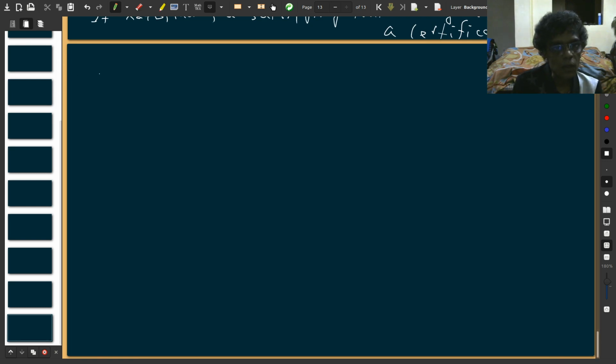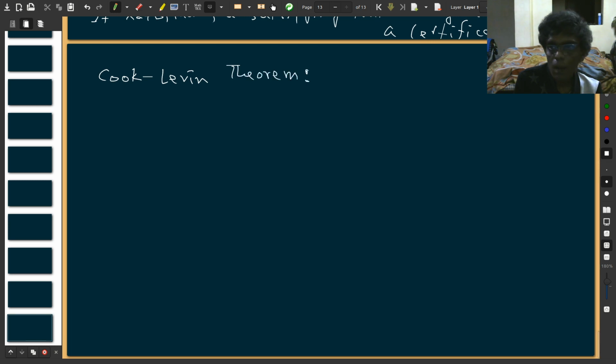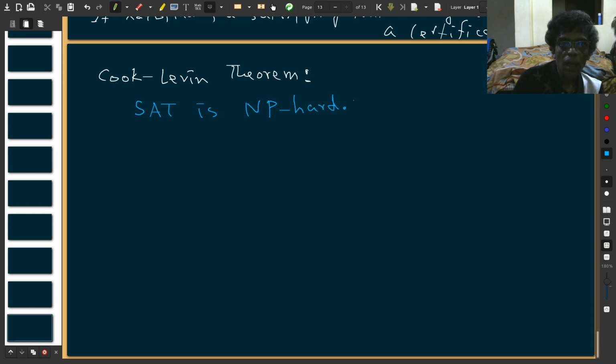Now, what Cook and Levin prove, this is called the Cook-Levin theorem. SAT is NP hard and therefore NP complete too. And their construction gives actually a corollary.